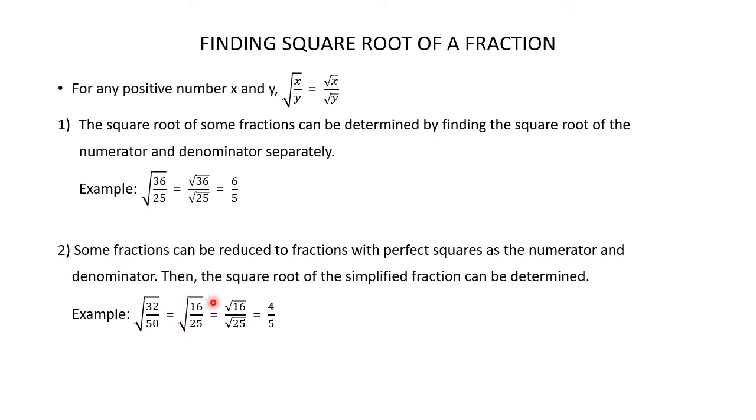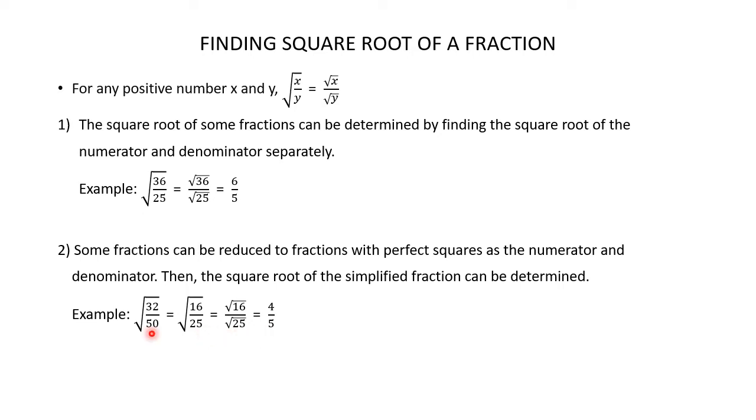So square root of 16 upon 25 is equal to square root of 16 upon square root of 25. Square root of 16 is nothing but 4 and square root of 25 is nothing but 5. So square root of 16 upon 25 is equal to 4 upon 5.